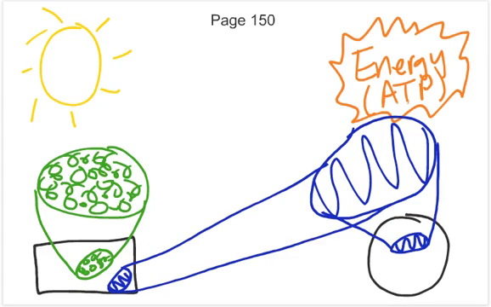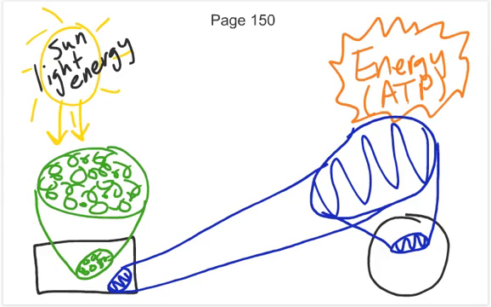All right, now we have a bunch of labeling to do. So this one is the sun, or light energy. And that goes into the chloroplasts. And then this one is the chloroplast.